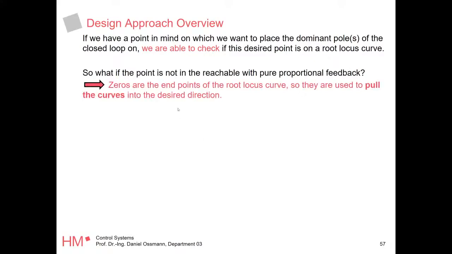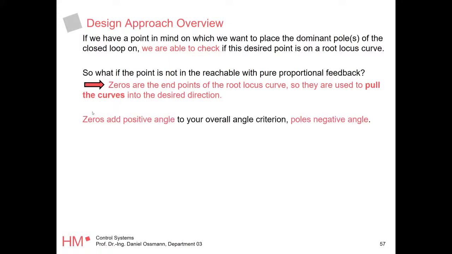But what we know is that if we add zeros to our system, they are going to pull our root locus curve towards these zeros. Why? Because the root locus curves will end in those zeros. And if our controller has zeros, like a PID controller, we can use those zeros to pull our root locus curve in that direction.